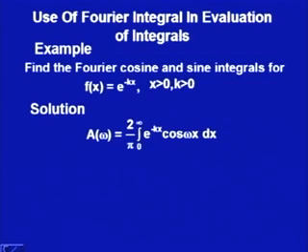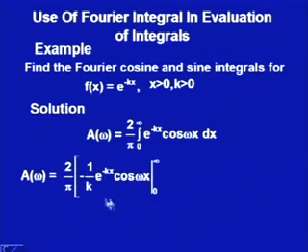A(ω), for the function e^(−kx) for x positive and k positive. So we have this integral from −∞ to +∞, and we should start from 0 to ∞, because the function from −∞ to 0 is 0. So it is 2/π, sorry, we want the cosine integral, so 2/π ∫ from 0 to ∞ of e^(−kx) cos ωx dx. Integrating this, we get 2/π [−(1/k) e^(−kx) cos ωx] from 0 to ∞ minus ω/k ∫ from 0 to ∞ of e^(−kx) sin ωx dx.